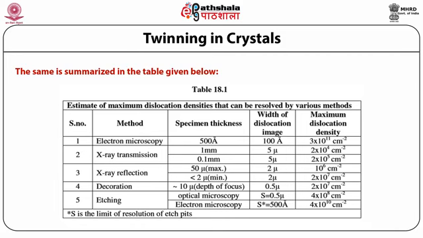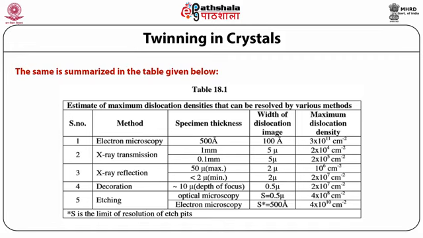Now another method, that is decoration. The specimen thickness is approximately of the order of 10 microns, that is depth of focus. Width of dislocation image 0.5 microns, and maximum dislocation density is 2 into 10 raised to power 7 per square centimeter. Now we have etching. Etching, if we observe it by optical microscopy, S equal to 0.5 microns.